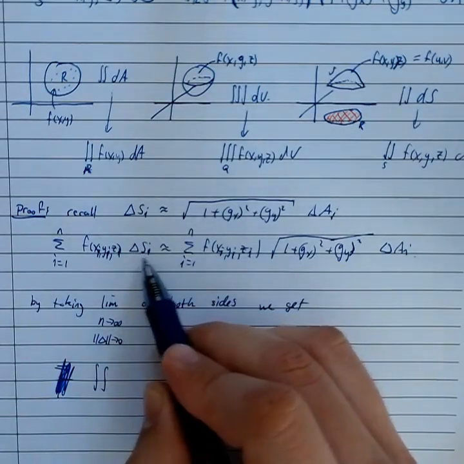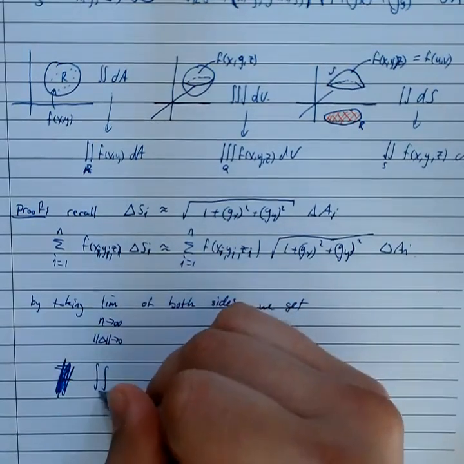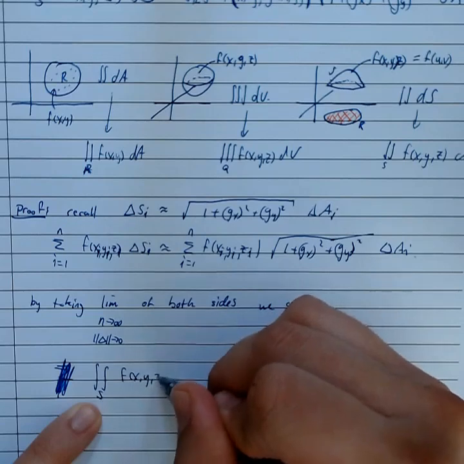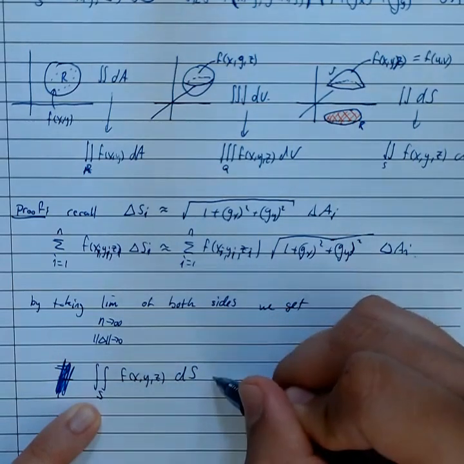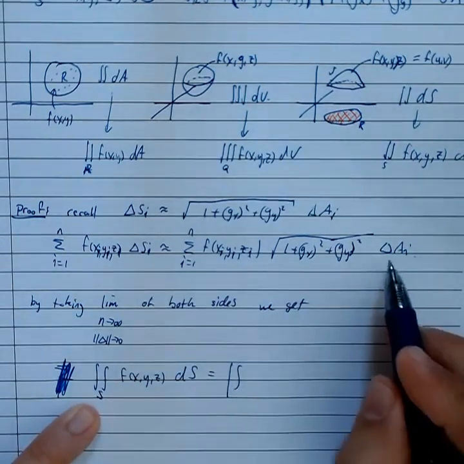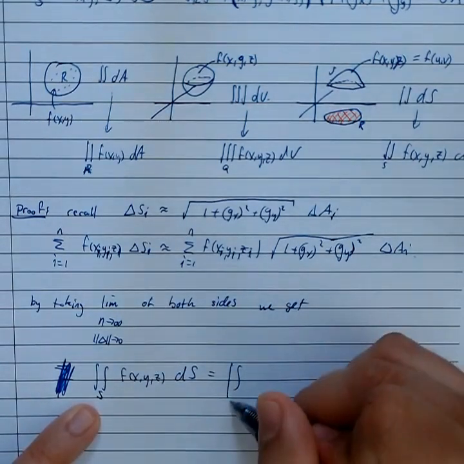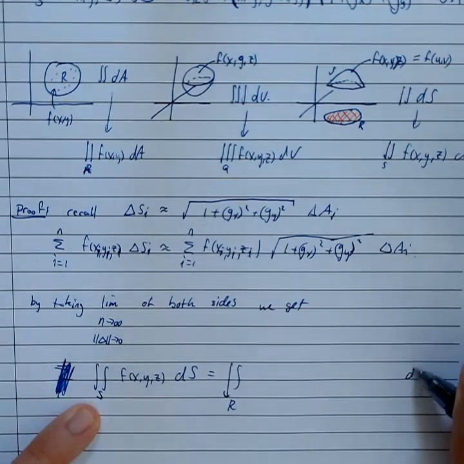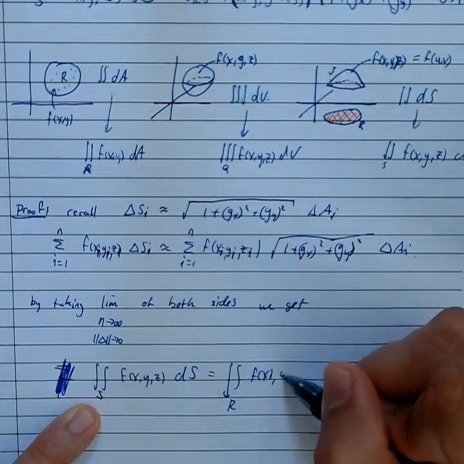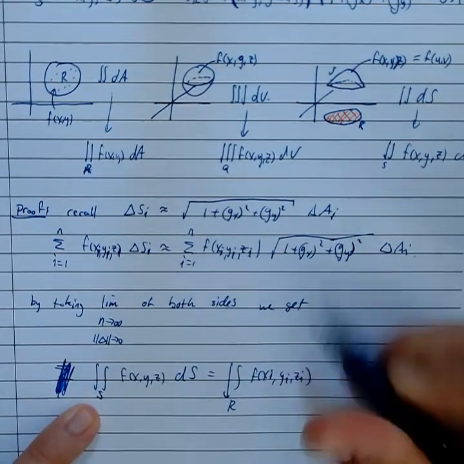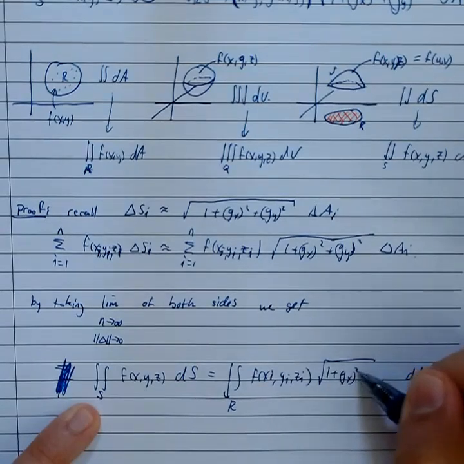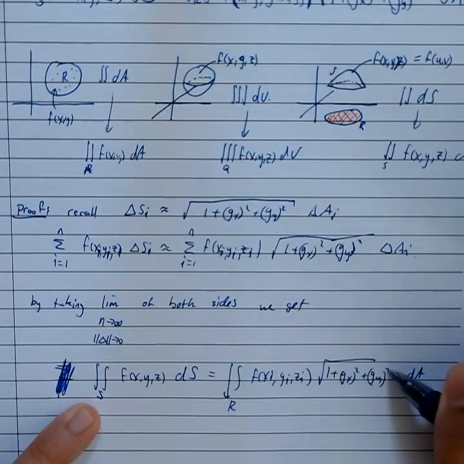As we've seen before, an integral over a surface area is written this way: the integral over the surface S of F of X comma Y comma Z dS, and that's going to equal an integral over a region R with respect to area of F of xi, yi, zi times the square root of 1 plus G sub X squared plus G sub Y squared.